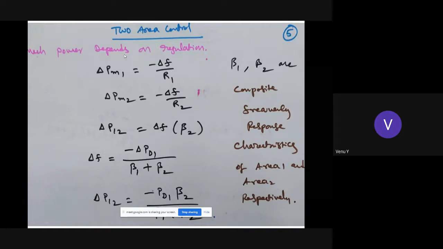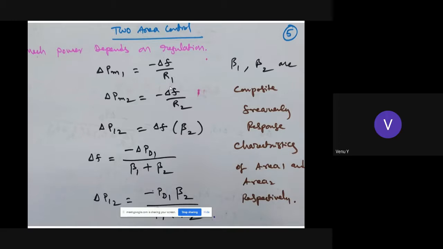This is the equation for the second area. So the mechanical power depends on droop or regulation. Delta PM1 equals minus delta F by R1, and delta PM2 equals minus delta F by R2, where R1 and R2 are the droops of area 1 and 2 respectively.